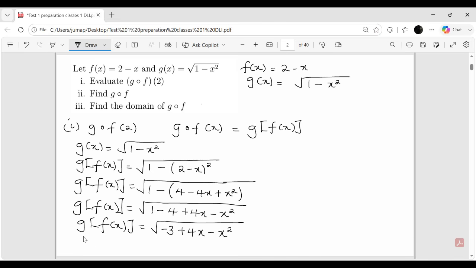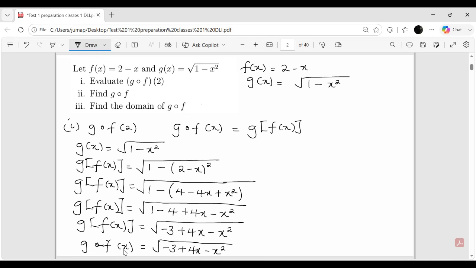Now what you've gotten is the same as saying g of f of x. It is not g of f of 2. So g of f of x is the square root of negative 3 plus 4x minus x squared.